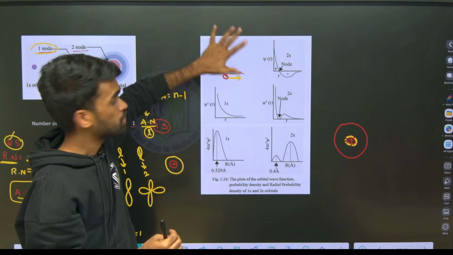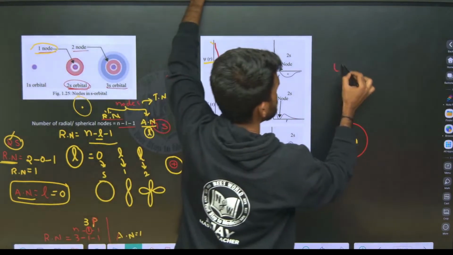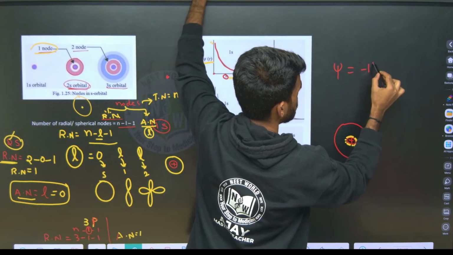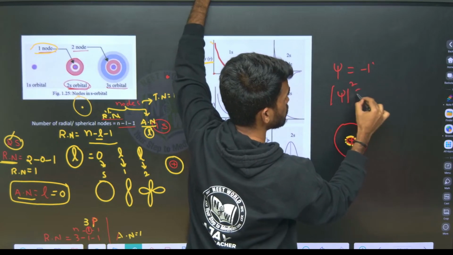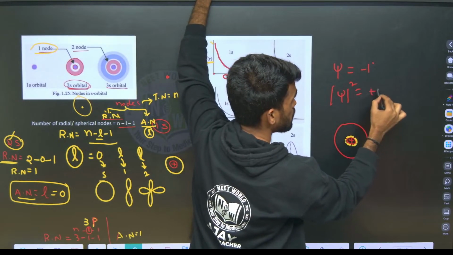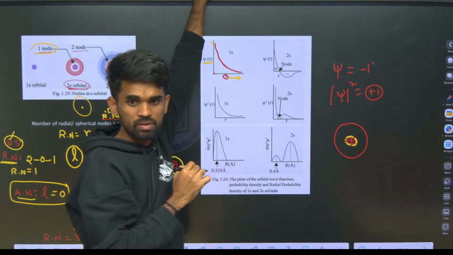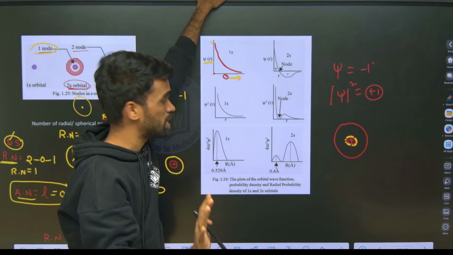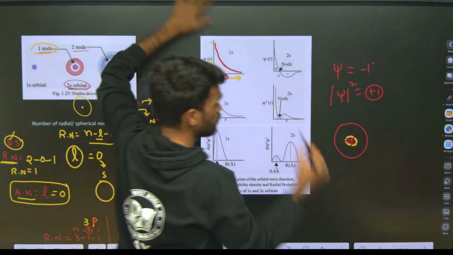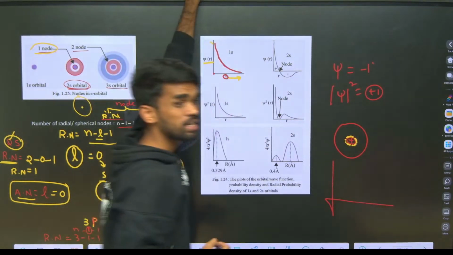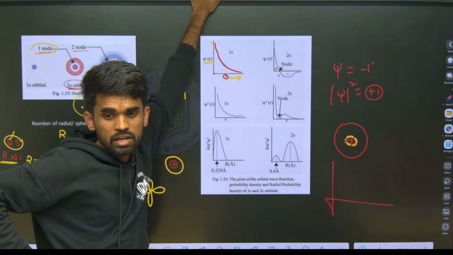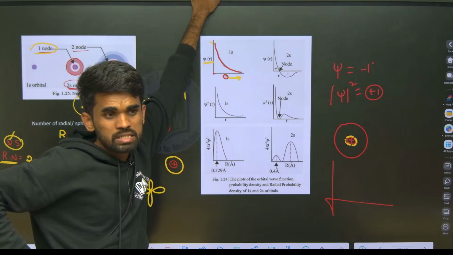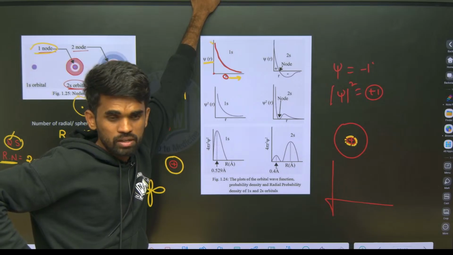Is that clear? Okay. For example, say psi equals minus 1. Now if I take psi square, what will minus 1 square be? Plus 1. Always it will be plus 1. Why am I saying this basic thing? See, for 2s, how many radial nodes do you get? 2 minus 0 minus 1, so 1 radial node.